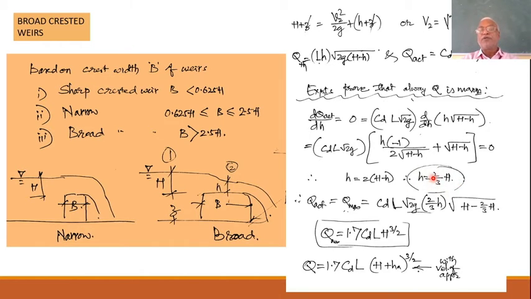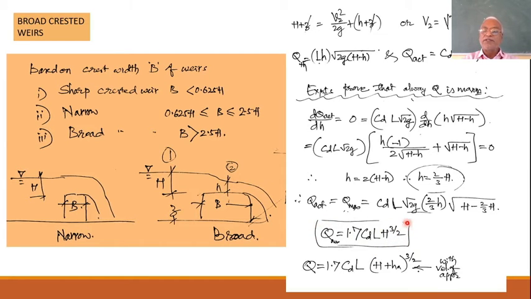Now if you substitute this h back into this equation, Q actual will be equal to Cd L root 2g. This expression becomes 2 by 3 H multiplied by (H minus 2 by 3 H), and simplify, you will get 1.704, or 1.7, you can hold it as 1.7 Cd L H raised to 3 by 2.